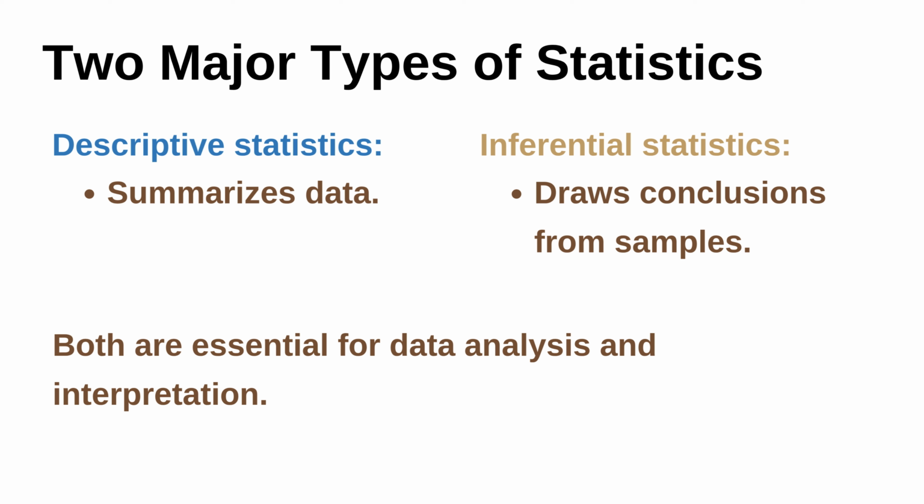Both types are essential. Descriptive statistics organize and present data clearly, while inferential statistics allow us to interpret what those data mean beyond our sample.